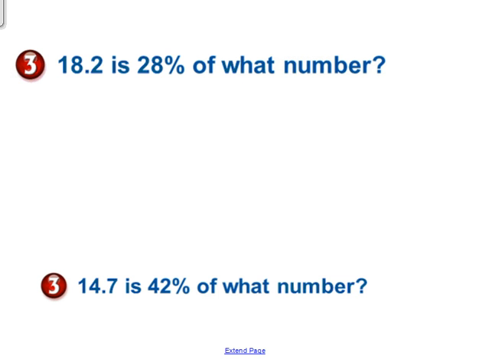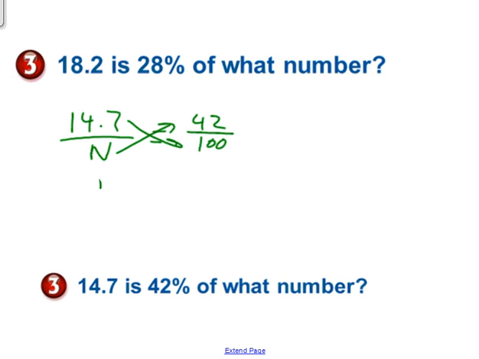All right. 14.7 is 42% of what number? 14.7 compares to some unknown number as 42, or 42%, is to 100. Again, cross multiplying, cross product. This would be 1,470 is equal to 42n.